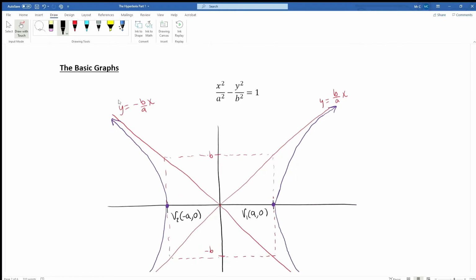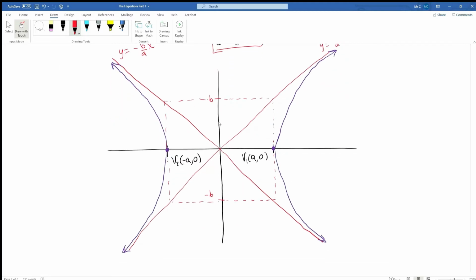So let's take a look at this in the context of a basic graph. Here we have the horizontal graph x squared over a squared minus y squared over b squared equals 1. We're centered at 0, 0, so our vertices occur at (a, 0) and (negative a, 0).